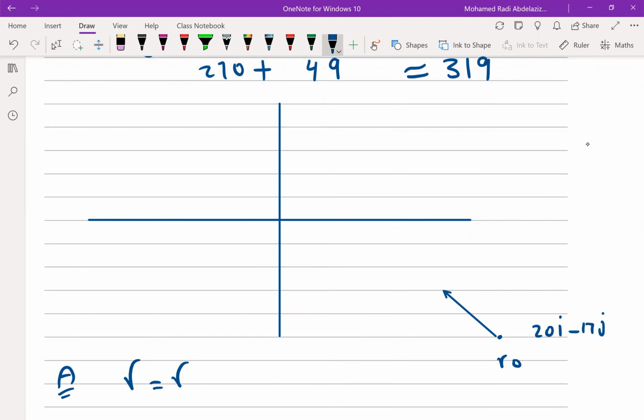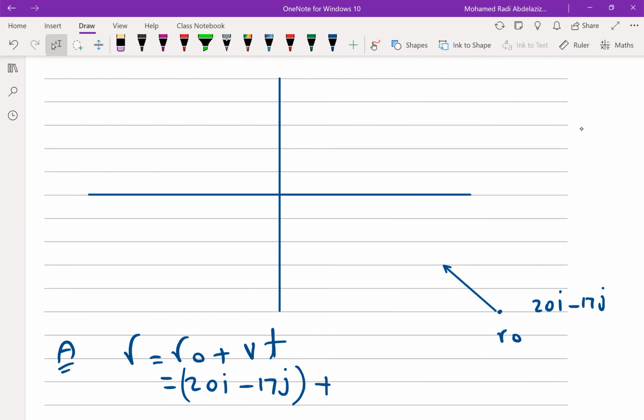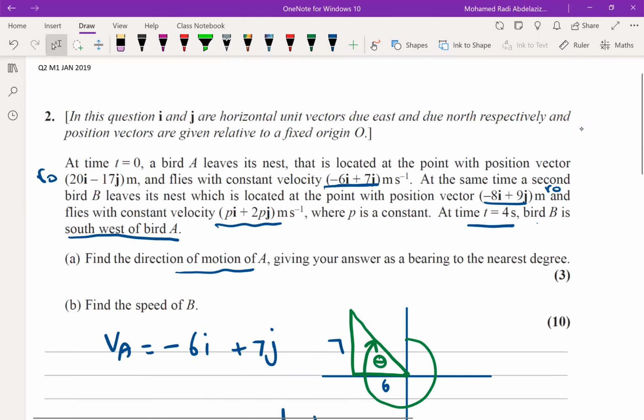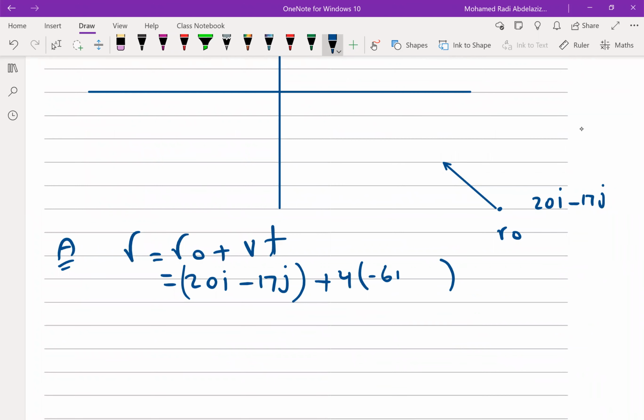R is equal to R0 plus vt. The initial position is given, 20i minus 17j, plus 4 times velocity, which is also given, minus 6i and 7j.